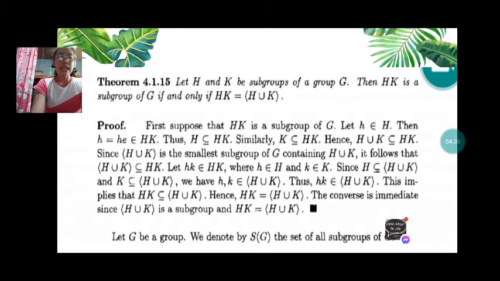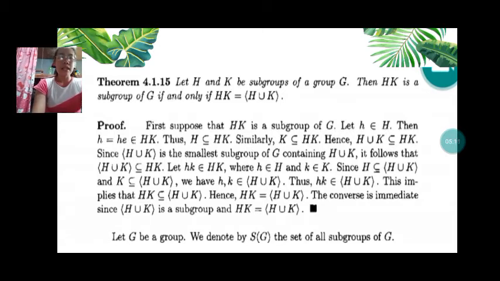Let H and K be subgroups of a group G. Then HK is a subgroup of G if and only if HK is equal to the subgroup generated by H union K. So, we have proof here.